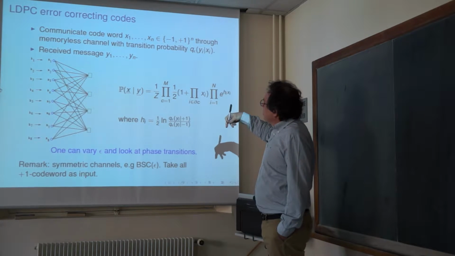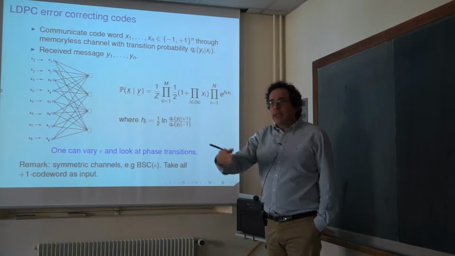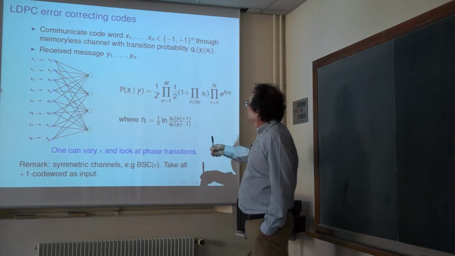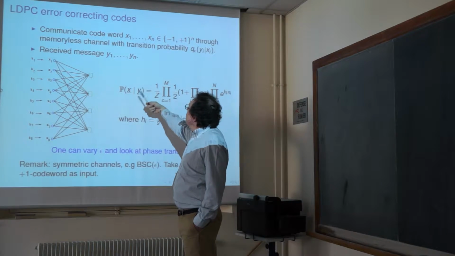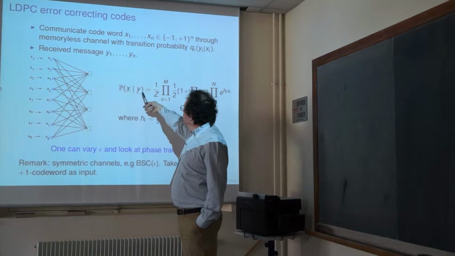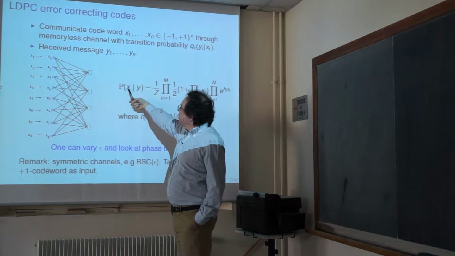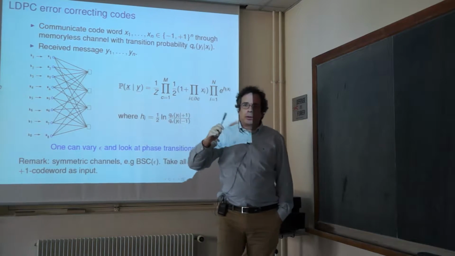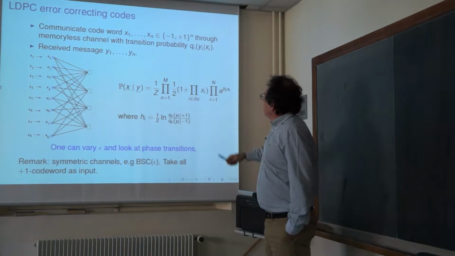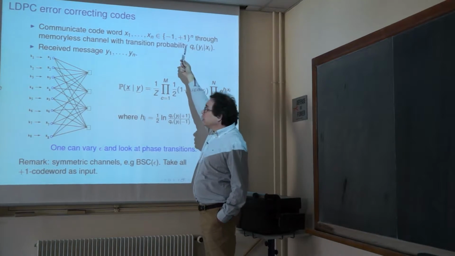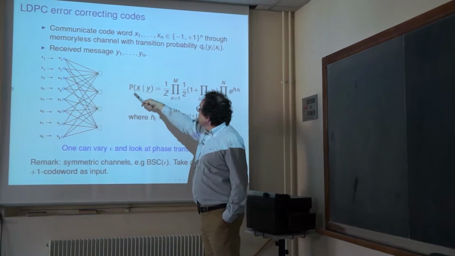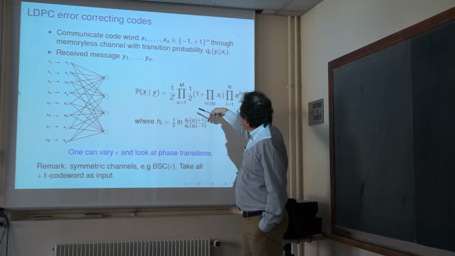When you do MAP decoding, what you have to study is an inference problem. Given y, you have to reconstruct the input word. I work in the ±1 language. So what is this probability distribution here?